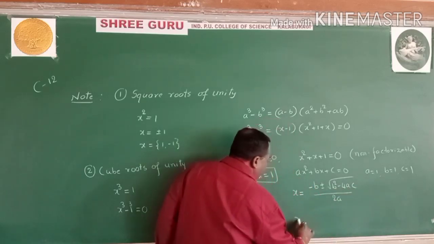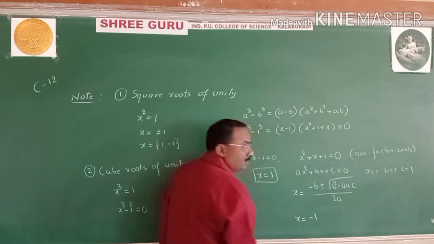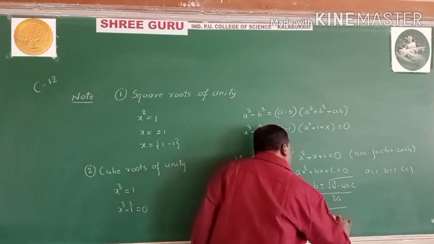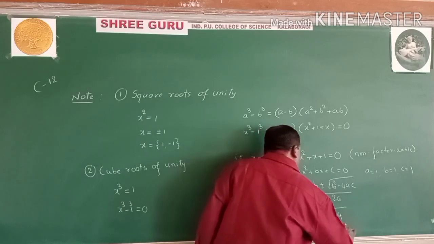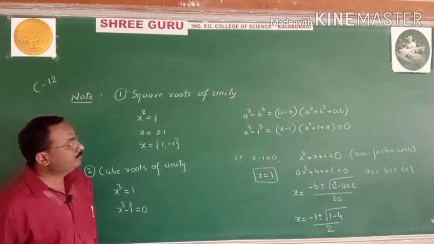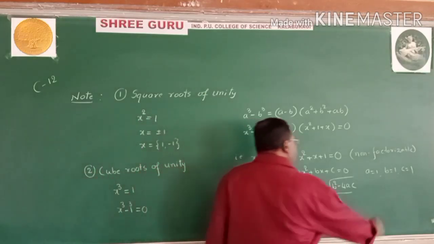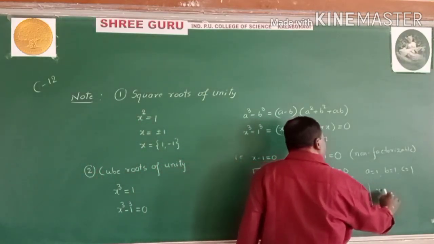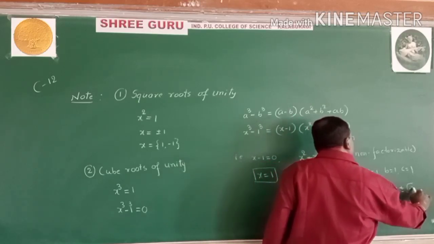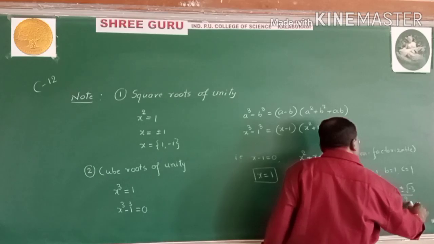That is x is equal to minus 1 plus or minus square root of 1 square minus 4ac divided by 2. All values are 1. Here that is x is equal to minus 1 plus or minus root of minus 3 divided by 2.